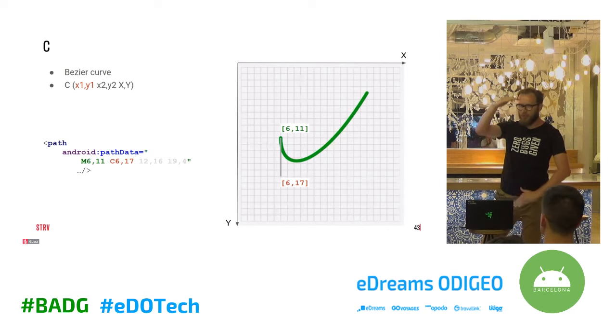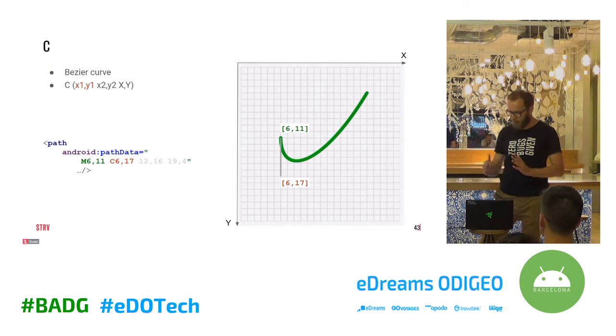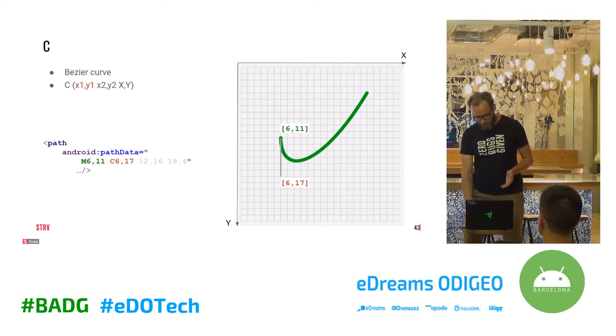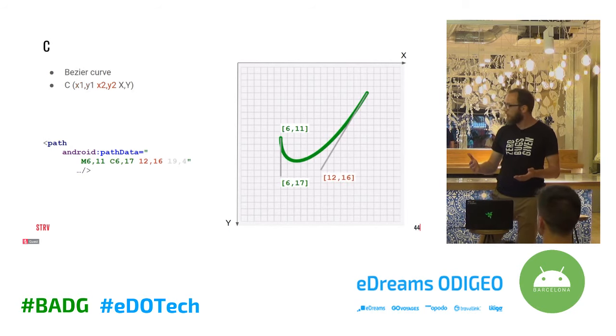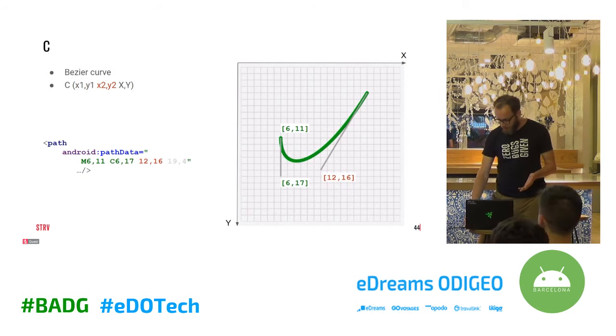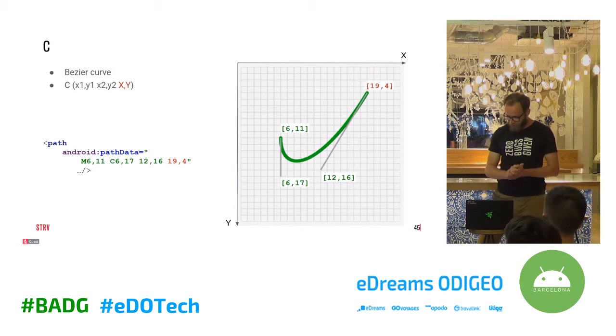So the longer the handle, the more strongly the curve will be attracted to this direction. And the same we need to define for the endpoint. So that's the second couple of coordinates, and then we define the endpoint here.